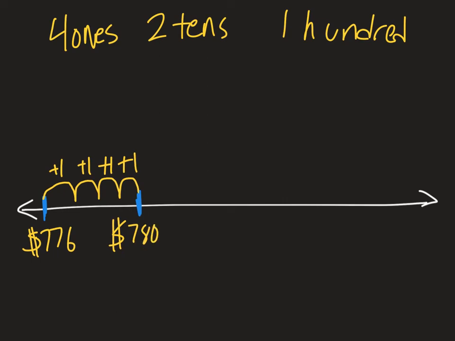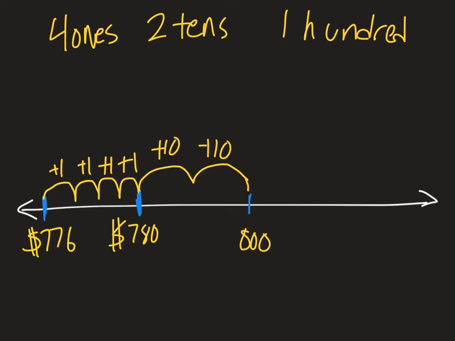From $780, we were able to start skip counting by tens. We do that twice. 2 tens. 1, 2. So where do we end up once we did that? Right, 800.